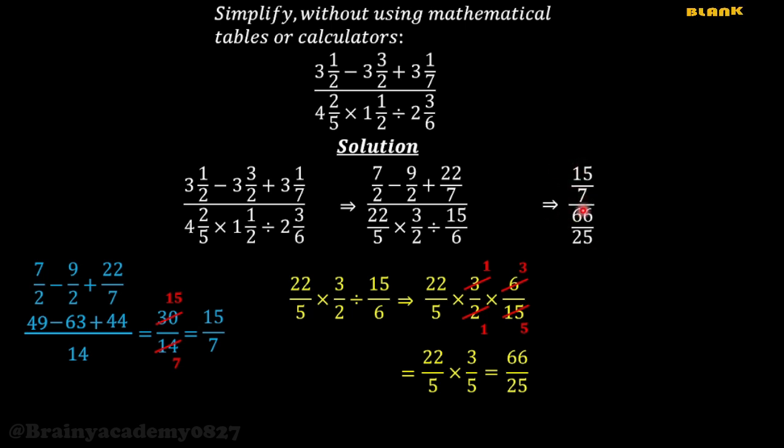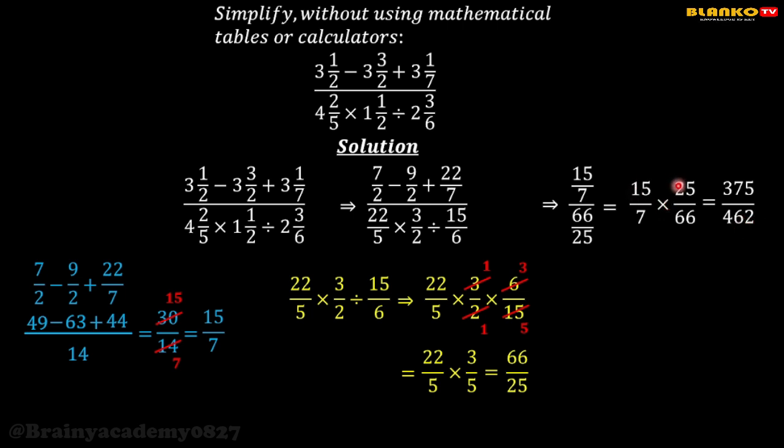15 over 7 divided by 66 over 25 is equal to 15 over 7 times 25 over 66. When you multiply, we get 375 over 462.